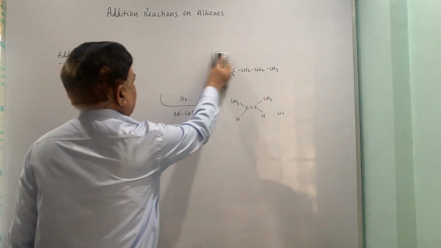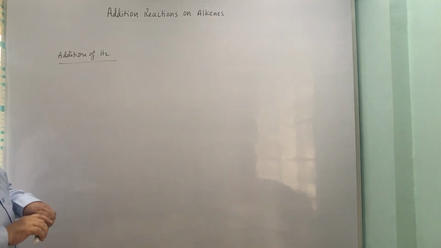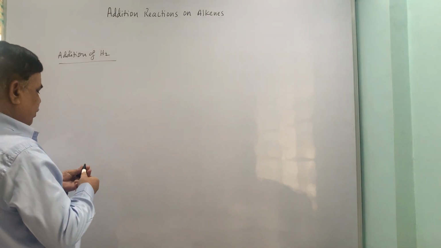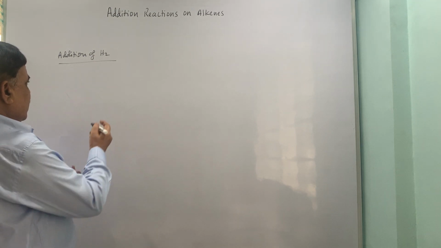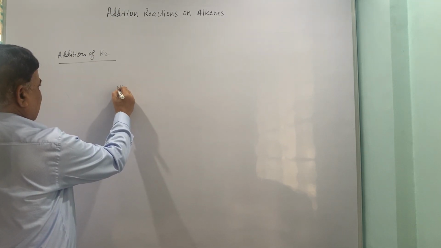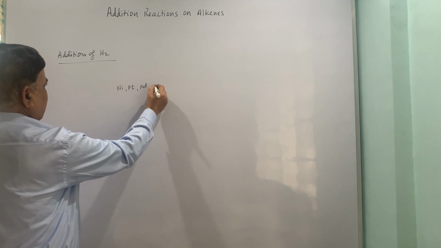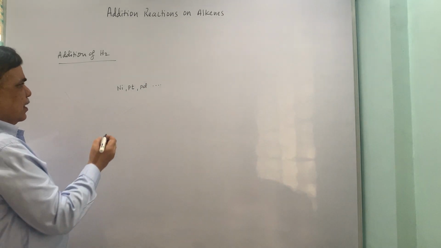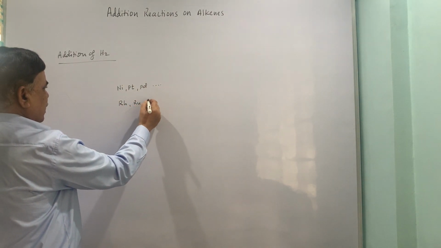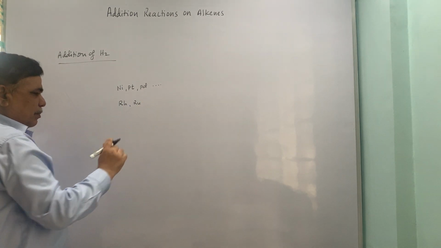Now there are two types of catalysts which are used for hydrogenation. I will just list some of them. The heterogeneous catalysts like nickel, platinum, palladium. Rhodium, ruthenium, rhenium, these are homogeneous catalysts; rhodium and ruthenium are mostly used.